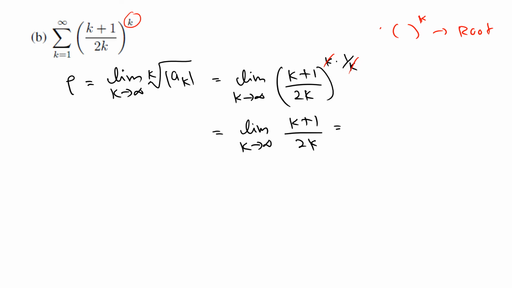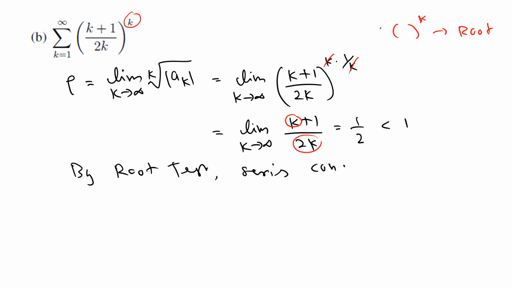This is simply because of the k power and the kth root, so you only need to consider those two. That means the limit is simply 1/2, which is less than 1. So by the root test, the series converges absolutely.